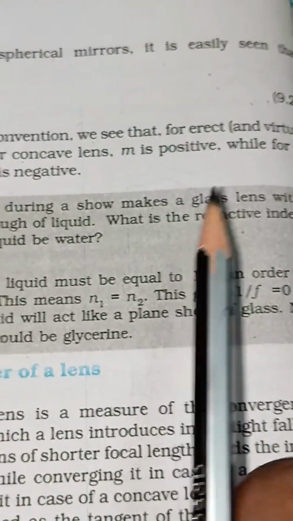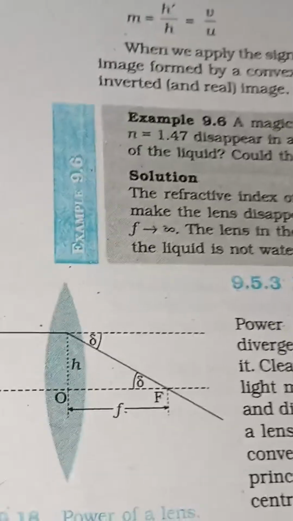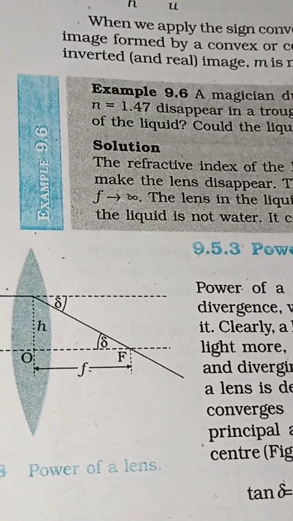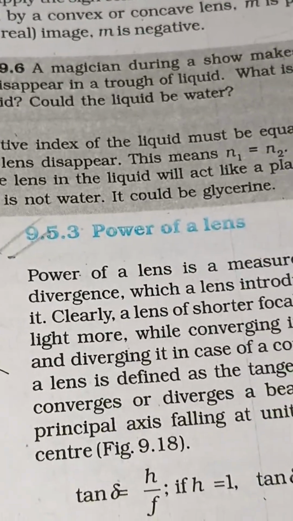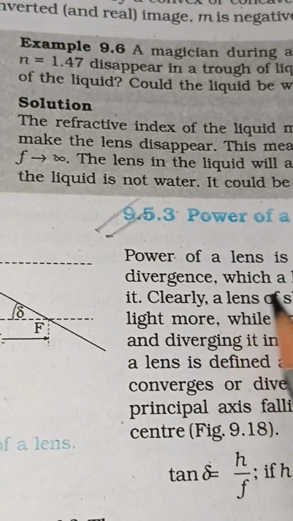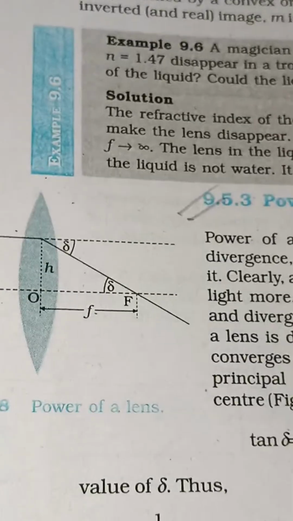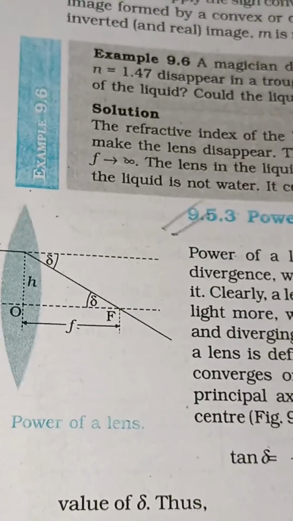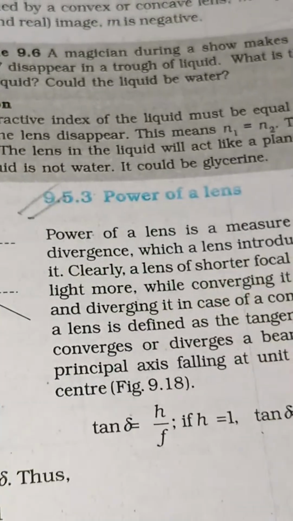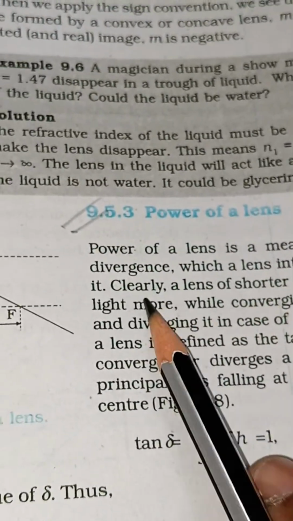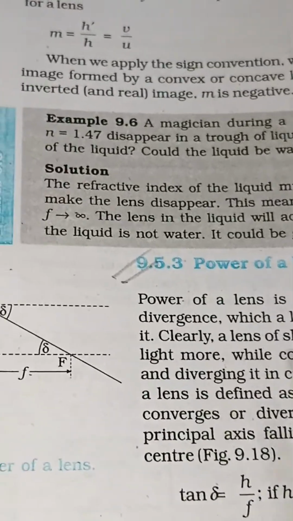Okay, so next one, now we will continue. The next subtopic is power of a lens, and we will talk about this figure. The power of a lens is a measure of the convergence or divergence which a lens introduces in the light falling on it.